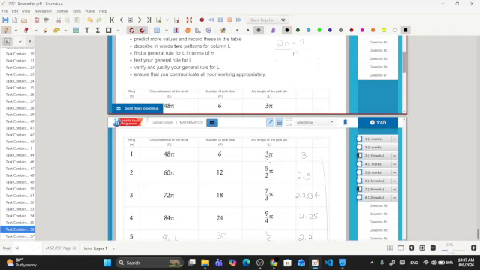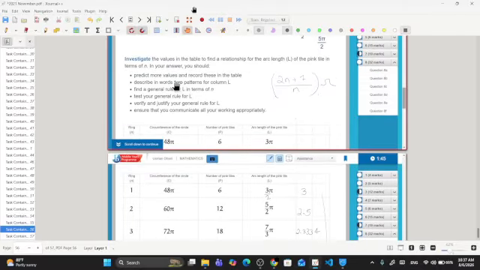We multiply that by 2 and add 1 to it, and after that we just add a pi, because our final answer is in terms of pi. So that is going to be our general rule. Make sense? Yeah. Okay.